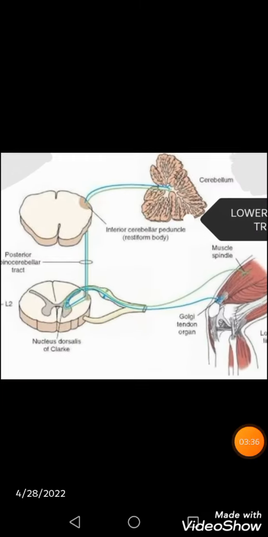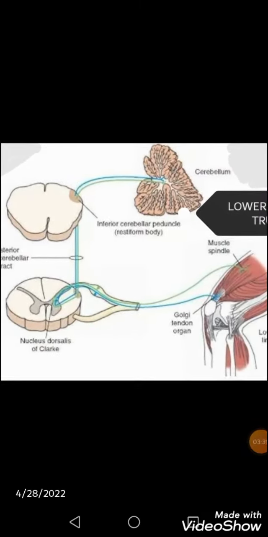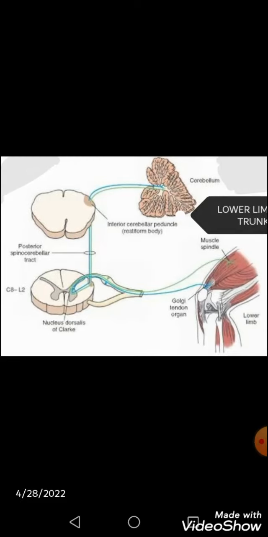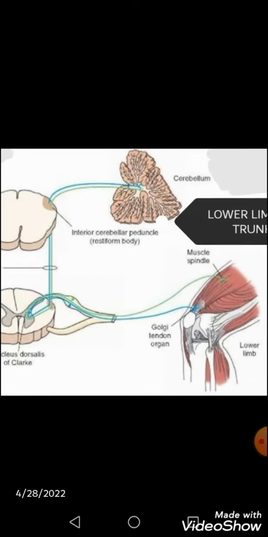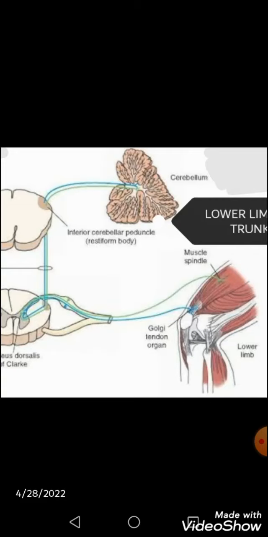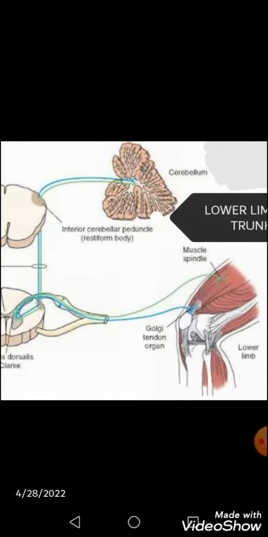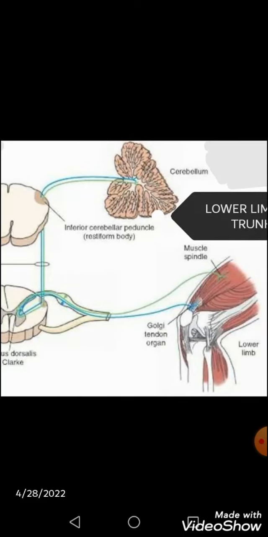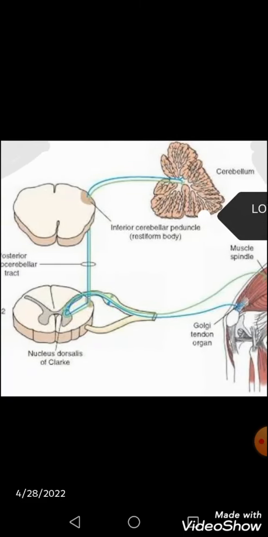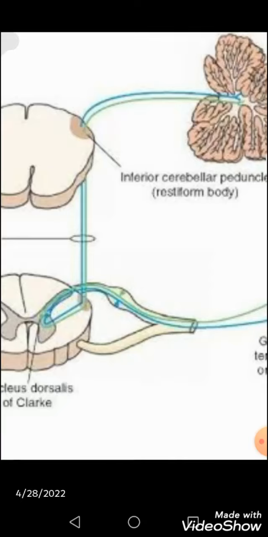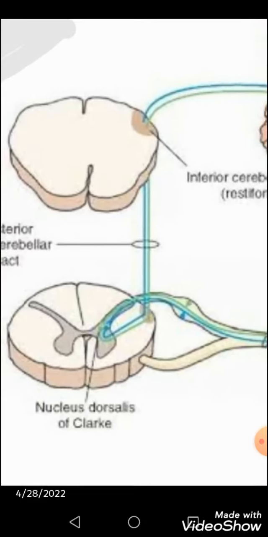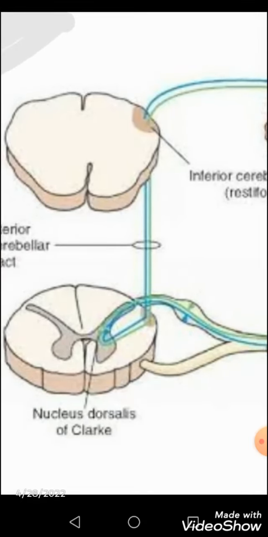And here in this picture, we can learn about the posterior or dorsal spinocerebellar tract. Again, the receptors lie in the same place, and the information is being gathered from the muscle spindle, the Golgi tendon organ, and the joint receptors. The fibers are now entering through the spinal nerve into the dorsal root ganglion, the first order neuron. Then they reach your spinal cord, the posterior gray column.